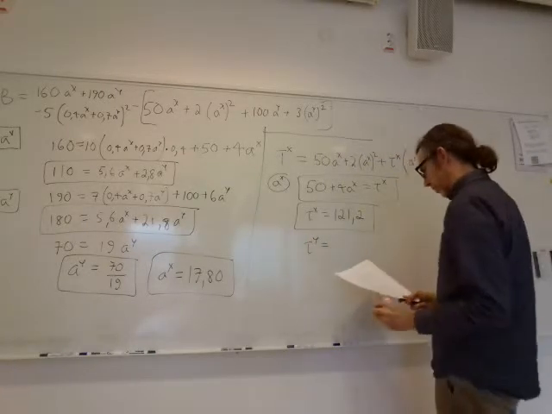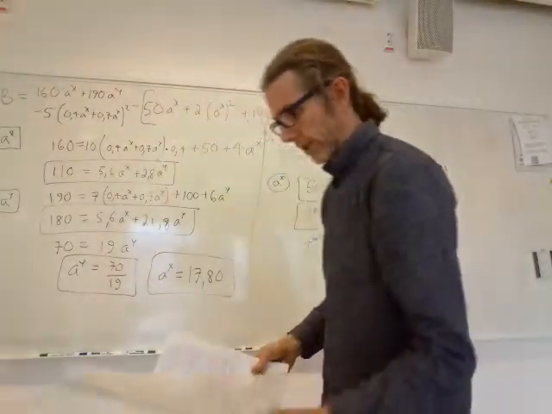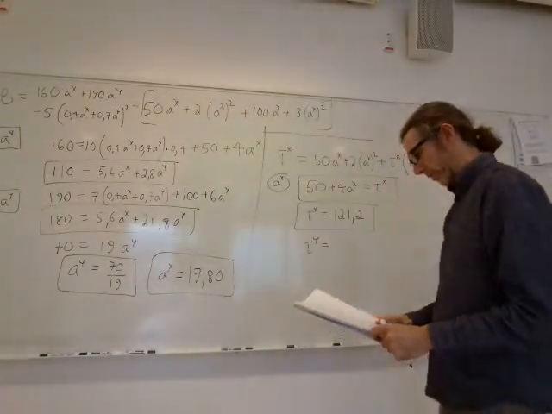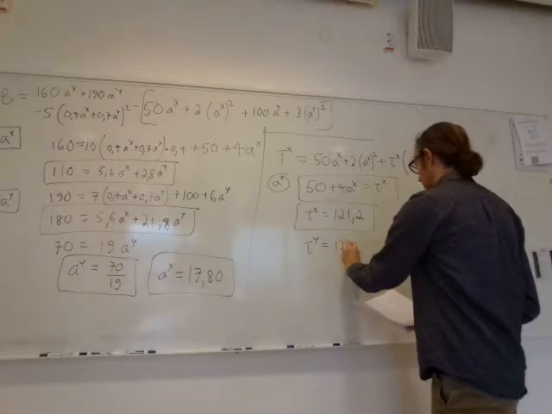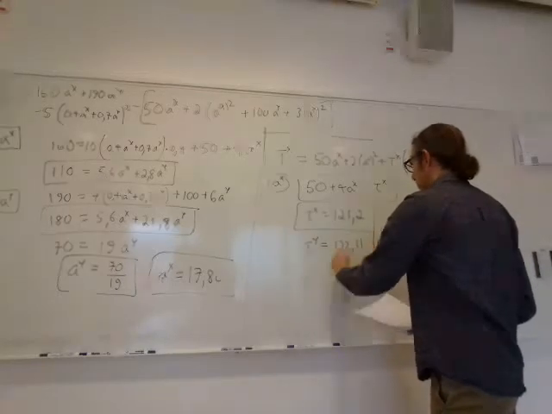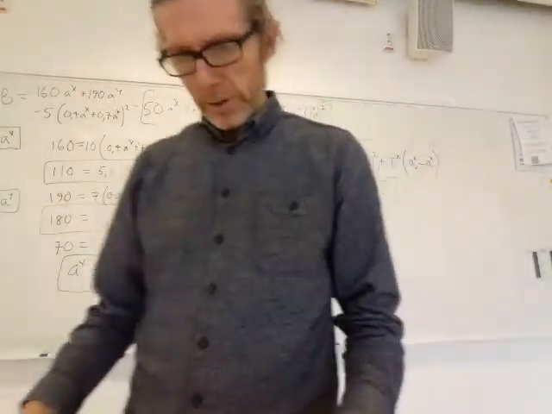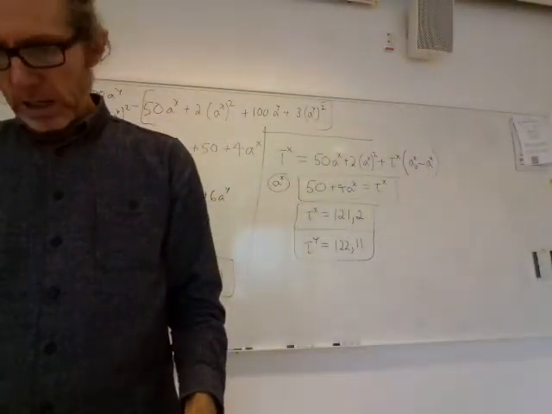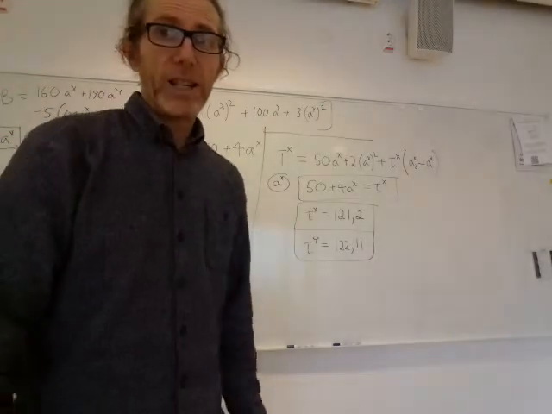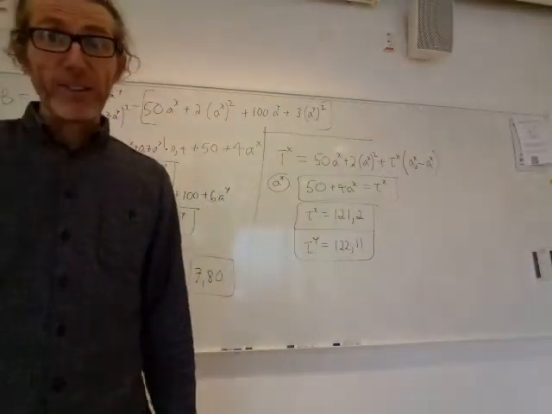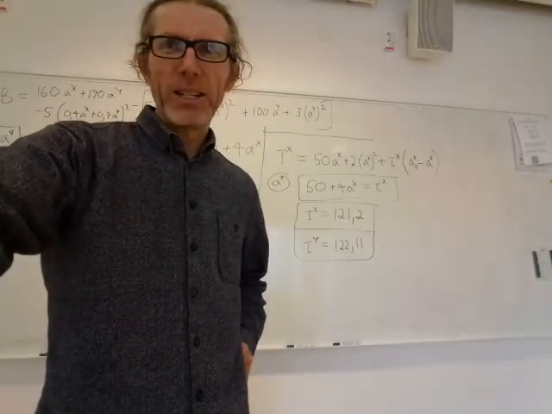You should end up with tau Y more or less identical. And I don't think you're asked to comment on that because, yeah, it just happens to turn out that way. Okay, that's the end of question 3.2.